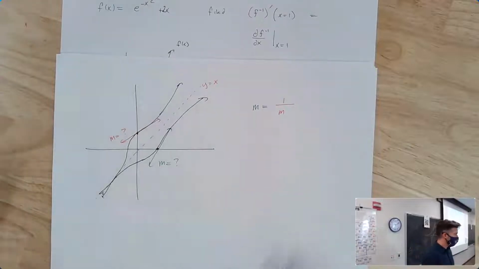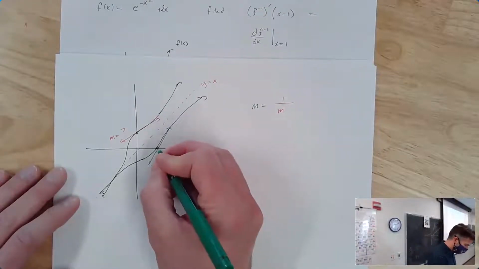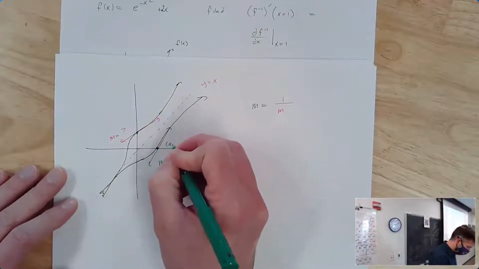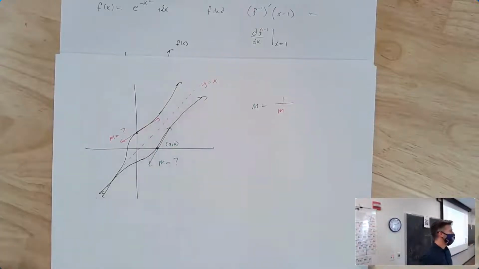I want to do this kind of generally. So I'm going to call this point here A comma B, even though I know it's 1 comma 0. And the point of interest on the other function is literally the point where the A and the B are interchanged, right?